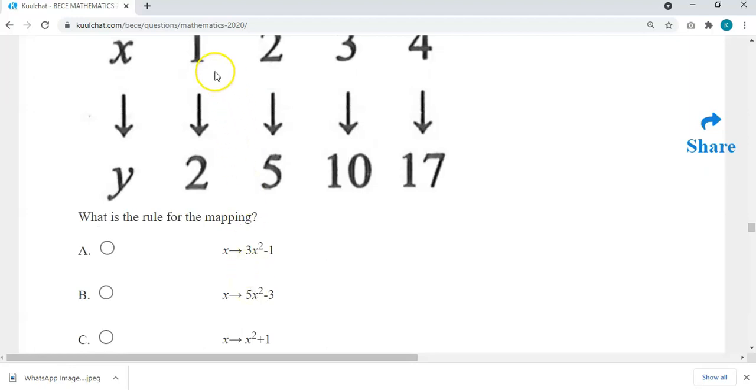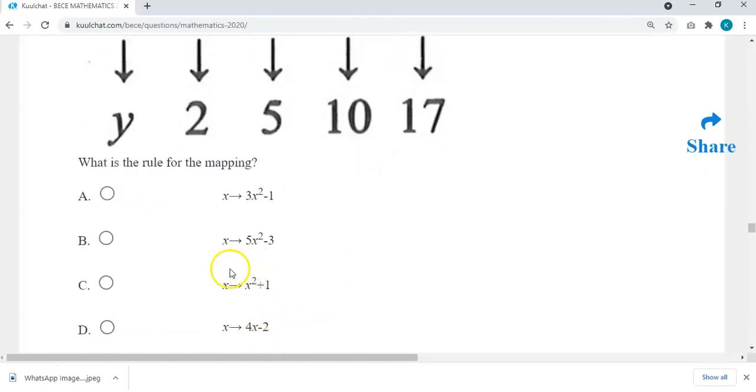So C, when the value of x is 1, 1 squared is 1 plus 1 gives us 2. 2 squared will give us 4 plus 1 gives us 5. 3 squared will give us 9 plus 1 gives us 10. 4 squared will give us 16 plus 1 gives us 17.